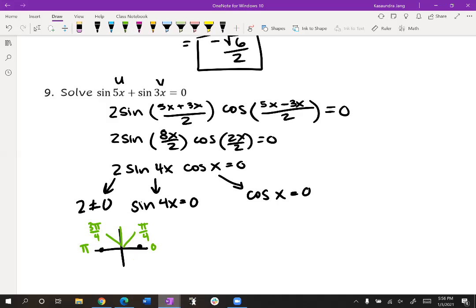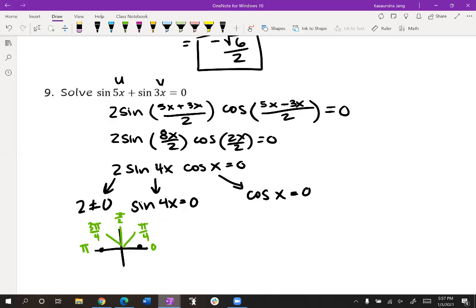Oh, sorry, this was off. This was pi halves. The pi halves in here does work though. Pi halves times 4, that's 2 pi. And if I go 1, 2 pi, it still has a y value of 0. At the pi here, if I plug that in, 4 pi, that would go 1, 2, 3, 4 pi, which actually still lands on one of those spots with a y value of 0.